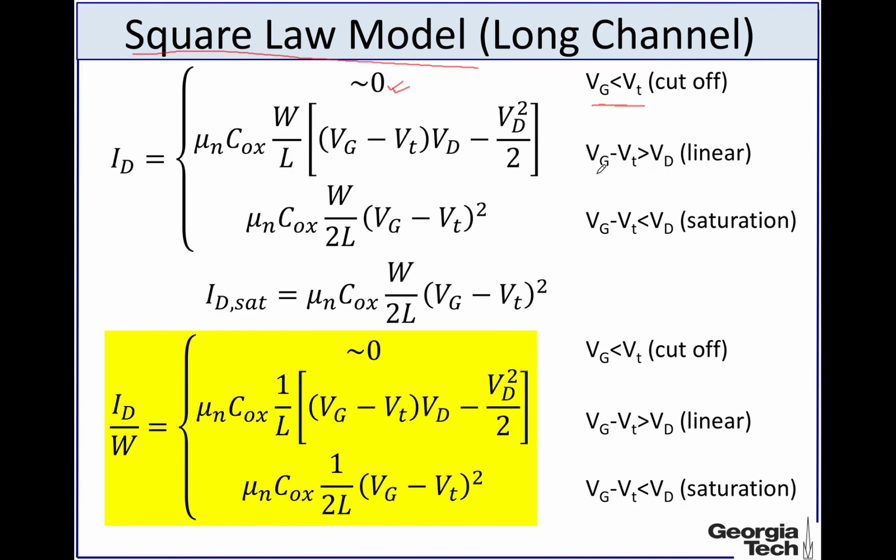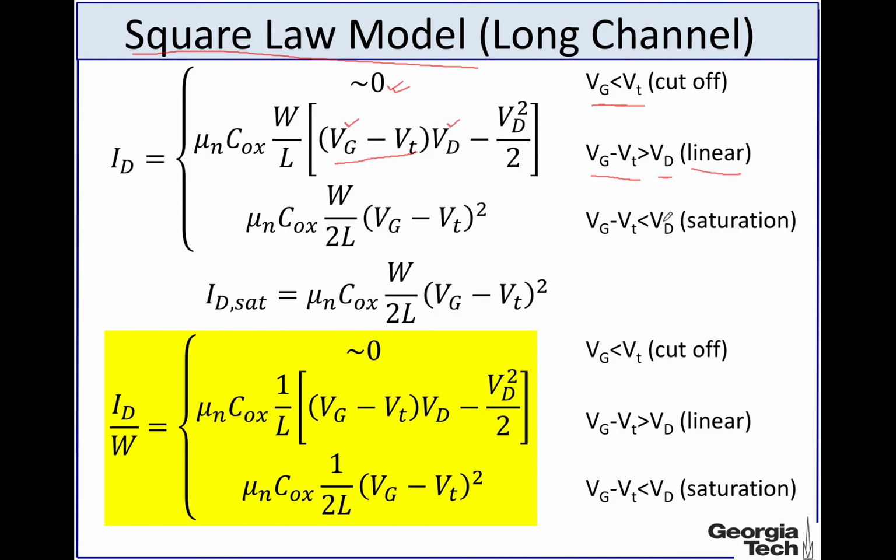Now the second regime of operation is when Vg minus Vt is larger than the drain voltage, or the drain voltage is smaller than Vg minus Vt. We call it the linear regime of operation, and in this regime the current is dependent on both Vg and Vd.